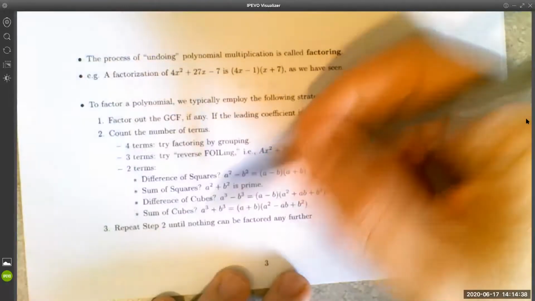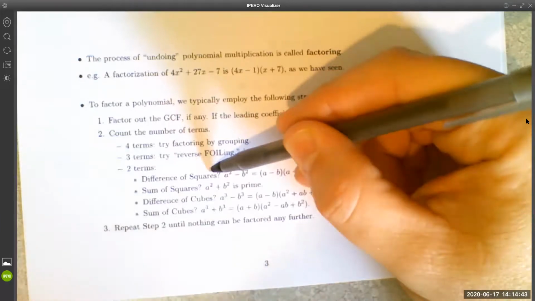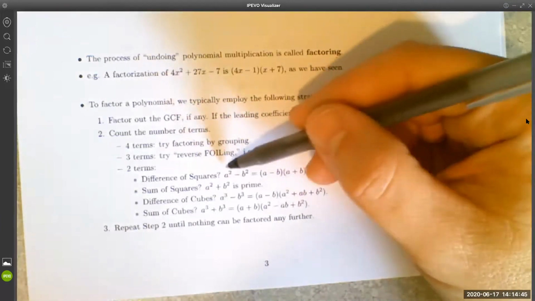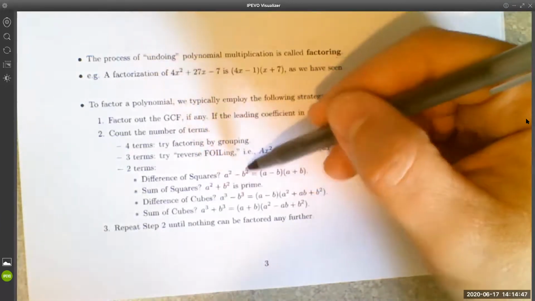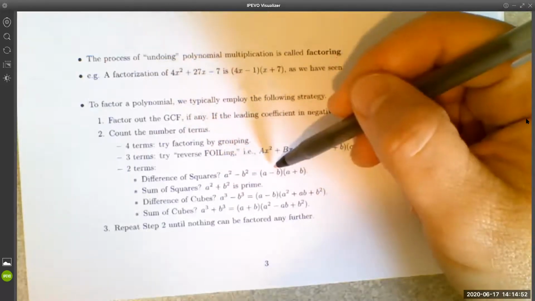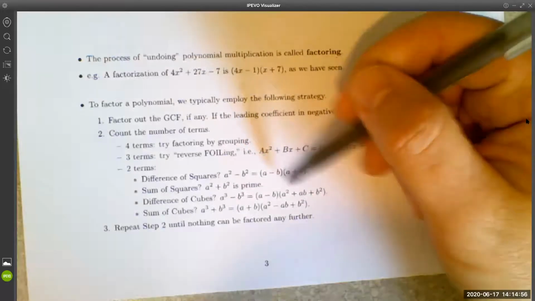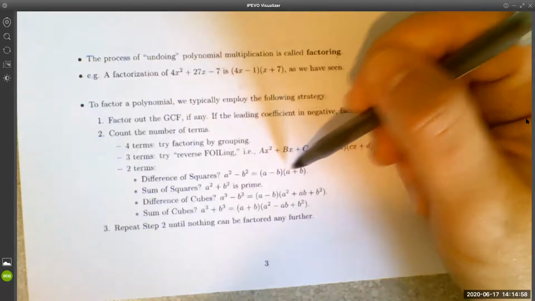So is it a difference of squares? A difference of squares would look like something squared minus something squared. If it's a difference of squares, you can factor it: base 1 minus base 2 times base 1 plus base 2.